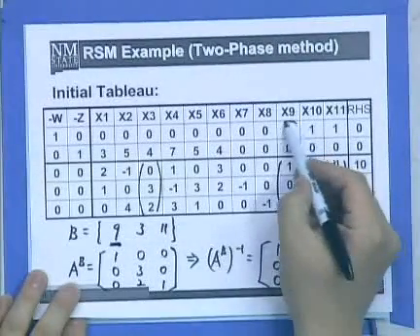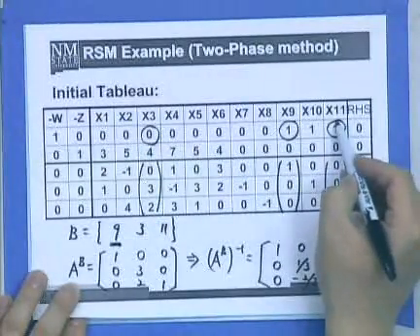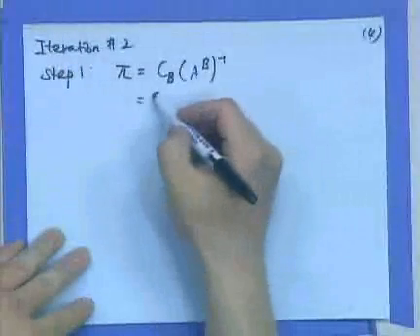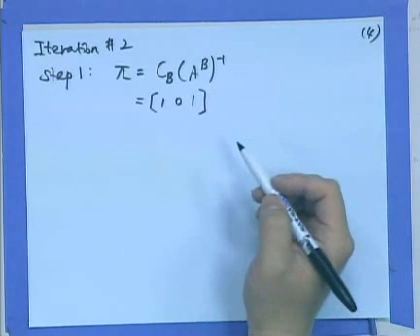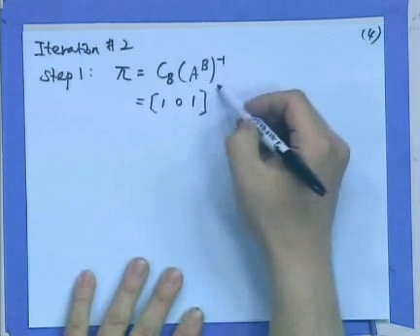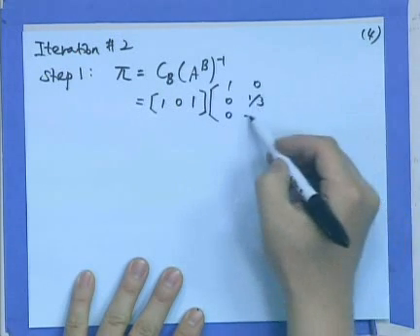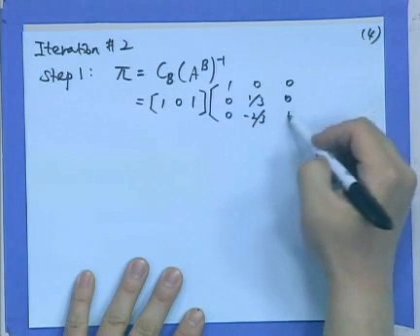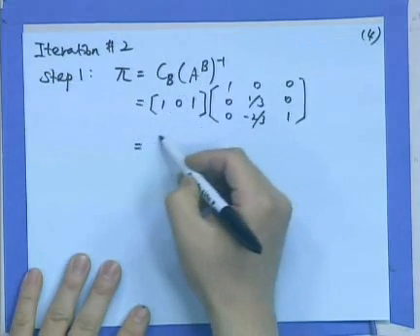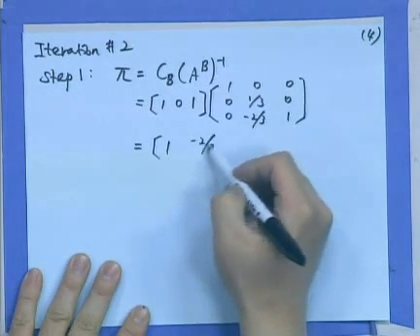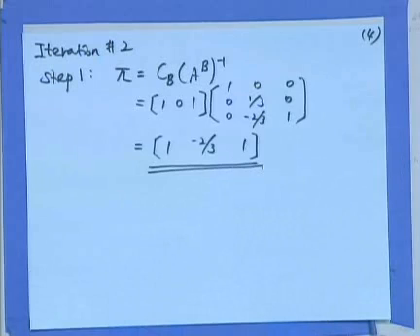Should be 1, 0, 1, right? The basis inverse matrix is 1, 0, 0, 0, 1/3, negative 2/3, 0, 0, 1, right? So the pi value should be 1, negative 2/3, and 1. Okay? This is our new simplex multiplier vector.